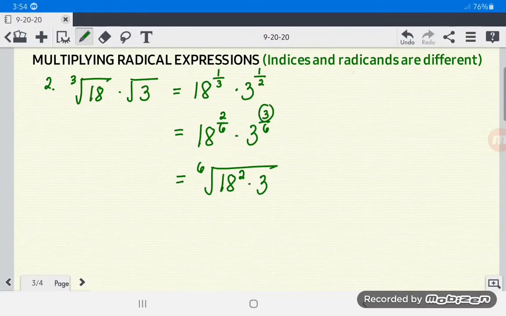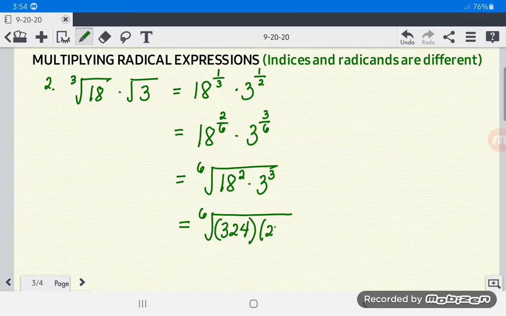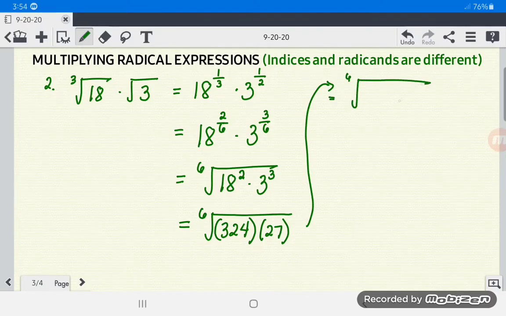Then, let us simplify. We have the 6th root of 18 squared, which is 324, times 3 cubed, which is 27. That is equal to the 6th root of 8,748.